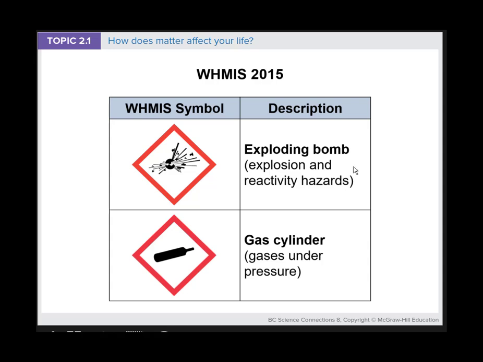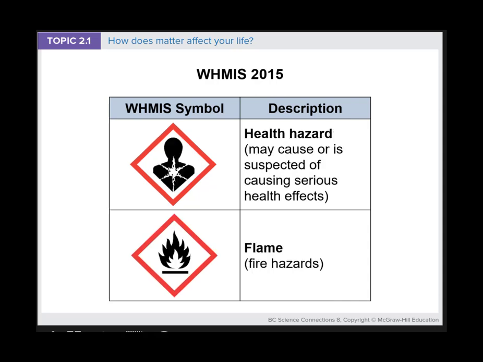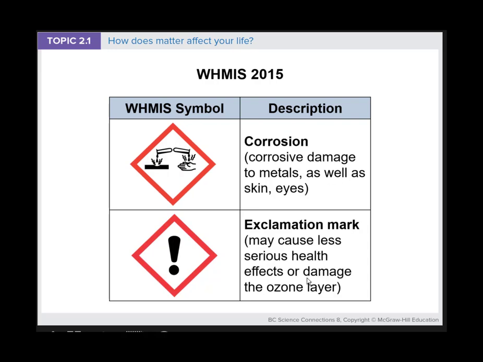So we have the exploding bomb. We have the gas cylinder. Okay. Health hazard may cause or is suspected of causing serious health effects. A flame. Corrosive damages metal as well as skin or eyes.